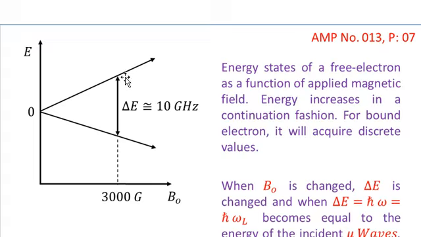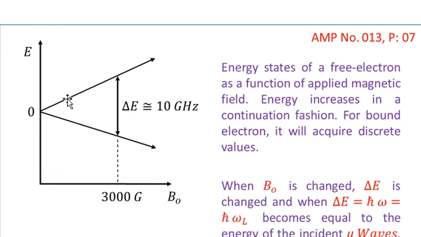But when we have the sample in the gaseous form, then of course the atoms of the gas will be very much separated from each other, and will be behaving as individual atoms. Then this energy will follow the same trend, but it will not vary continuously.